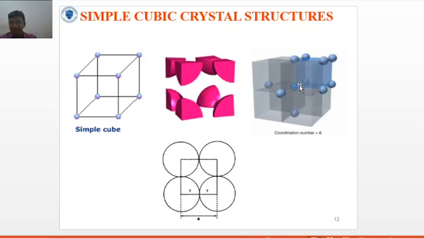These are your nearest neighbors. If you select a specimen atom over here, 1, 2, 3, 4, 5, 6 atoms are nearest neighbors to the specimen atom. If you connect two atoms like this, the side of the square is equivalent to double the radius.